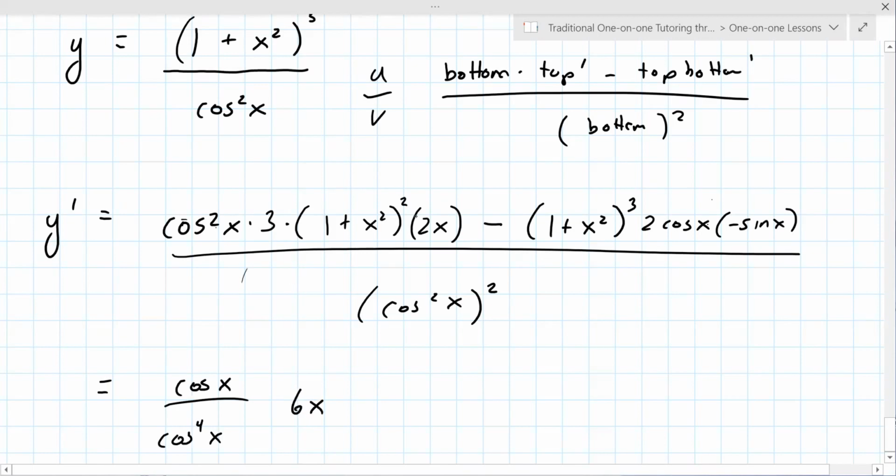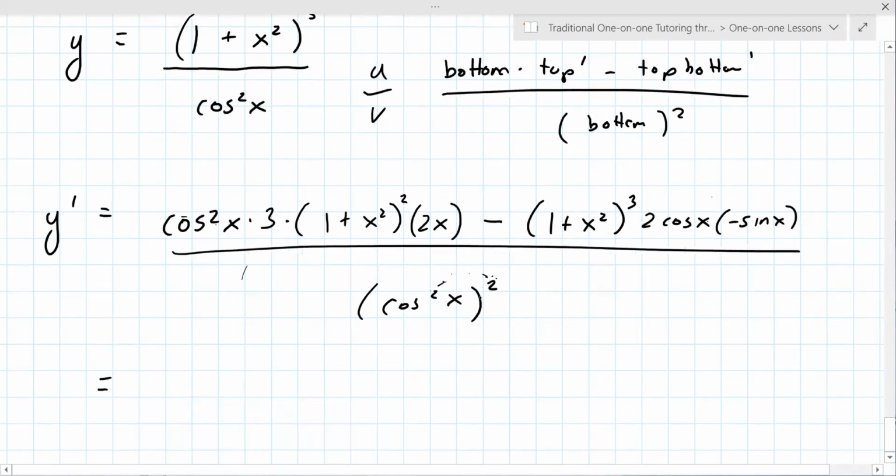How do you get to the fourth? If you have a cosine, aren't you multiplying the whole thing by a cosine squared x? Just to be clear, what's on the bottom here is really cosine x squared, and then you're squaring that.